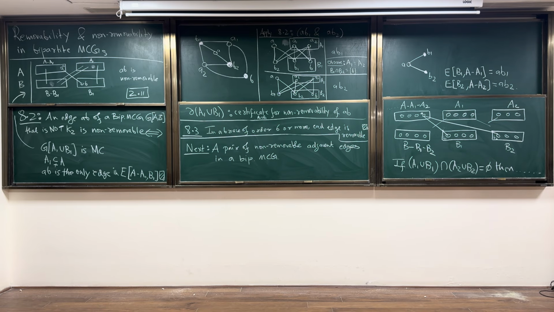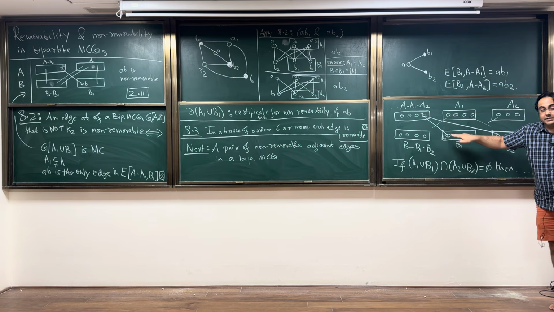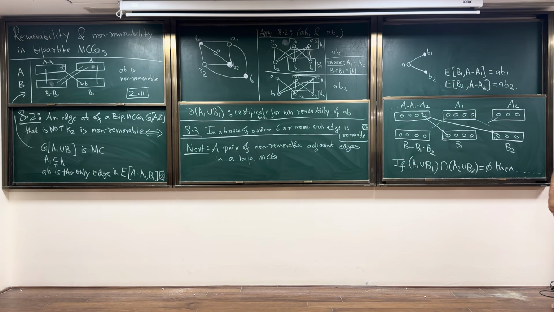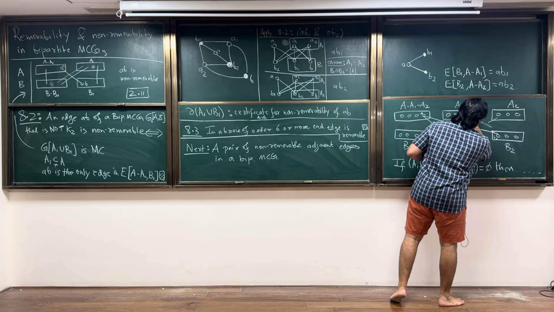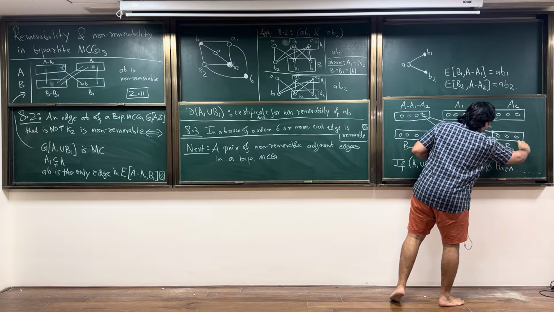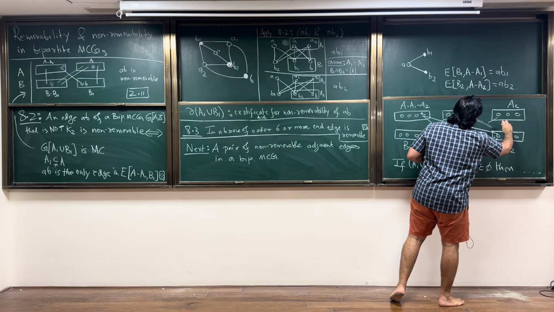Go ahead. There could be. I did not make any statement about that. The only edge going from B1 to A minus A1 is this edge. From A1 I have no idea what the edges are. The lemma doesn't say anything about it. Sorry? For B2? Because of B2. Good point. Thank you. Santosh is right, there are no edges like this, because the only edge going from B2 to A minus A2 is this one.